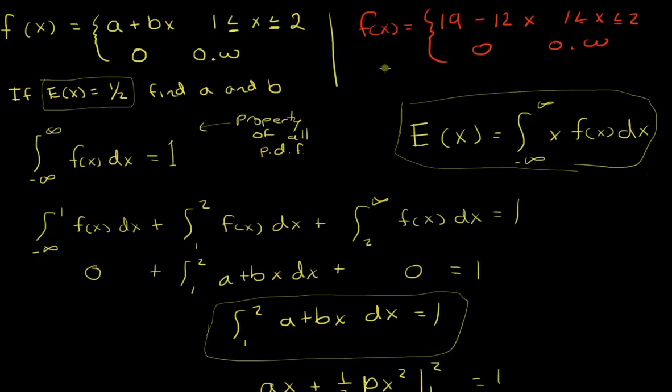All right. So first thing, this is a PDF. If you were to integrate over it, you would get 1. Second thing, if you were to find the expected value of this, you should get 1/2. Okay. And so there you go. This is the solution. A is 19 and B is negative 12.